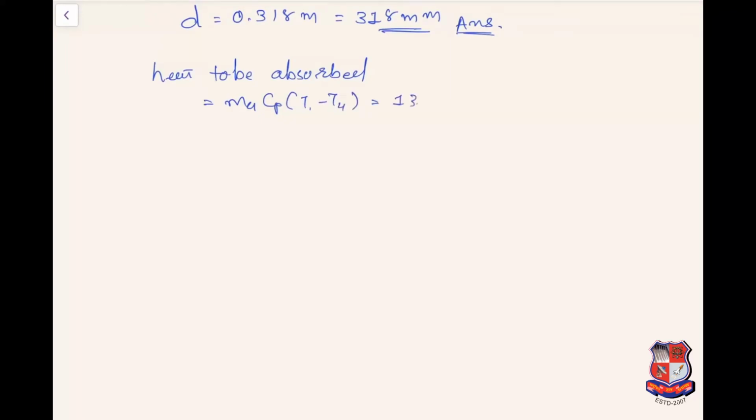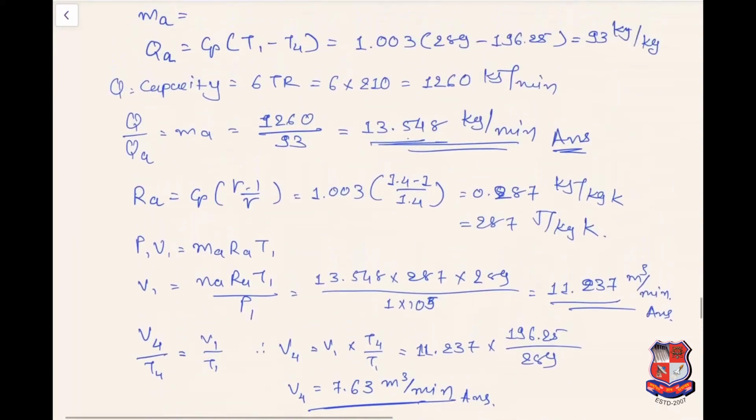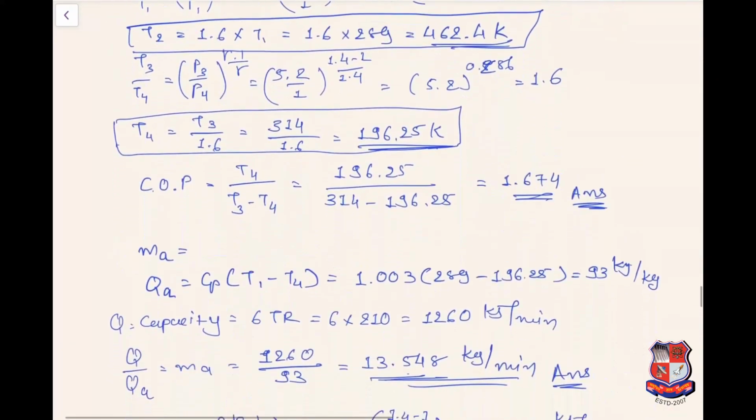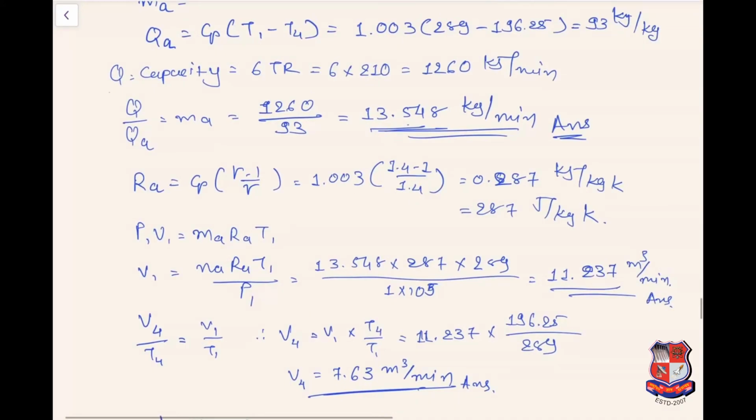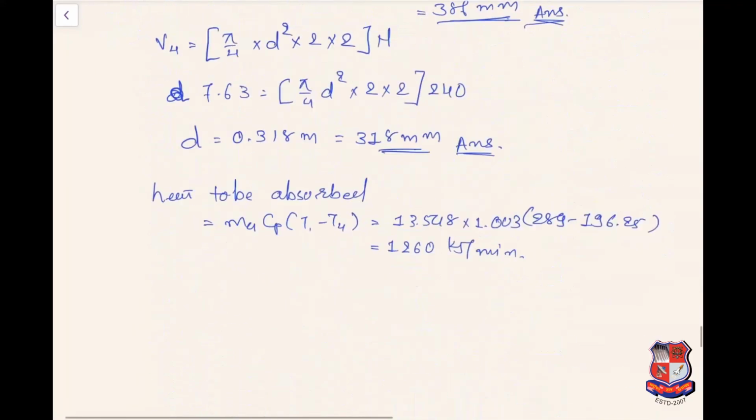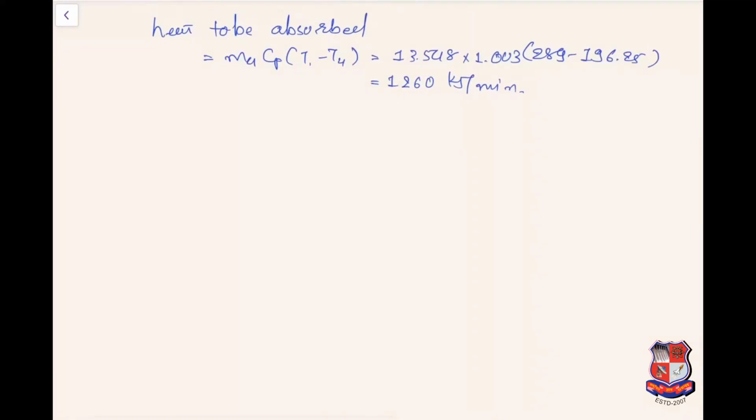So 13.548 into 1.003 into (289 minus 196.25), and that is equal to 1260 kilojoule per minute. Or you can also take it directly from here, that is the total capacity we have found, which can be taken directly over here.